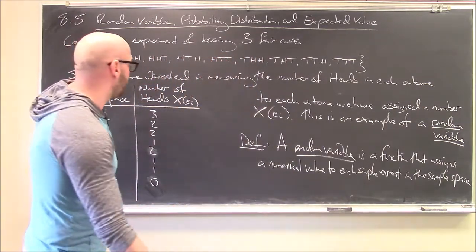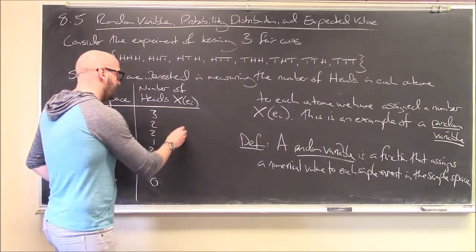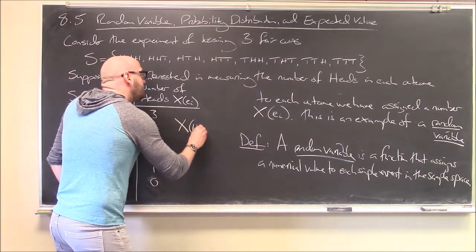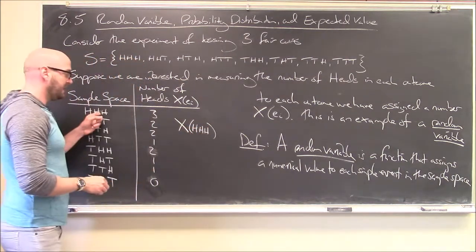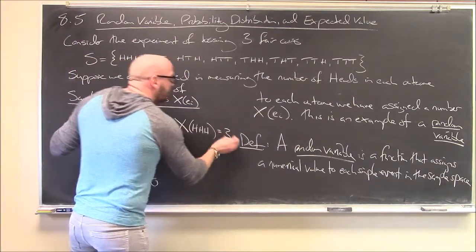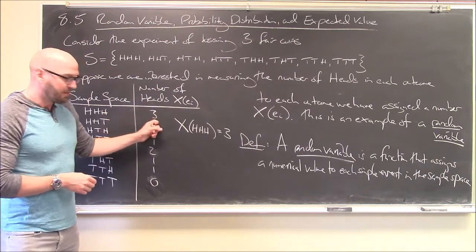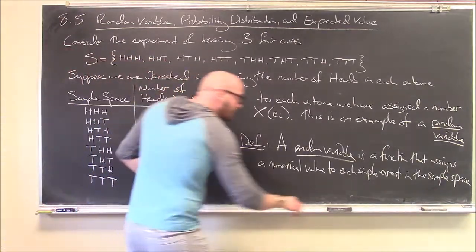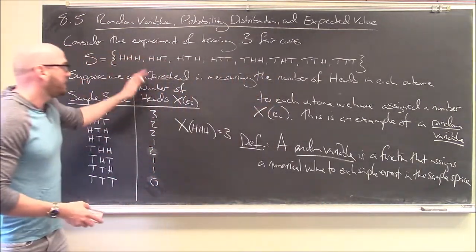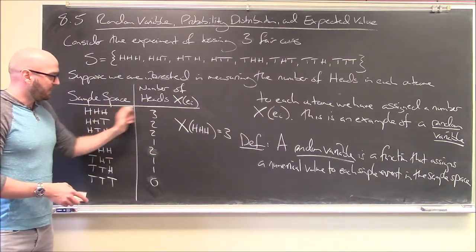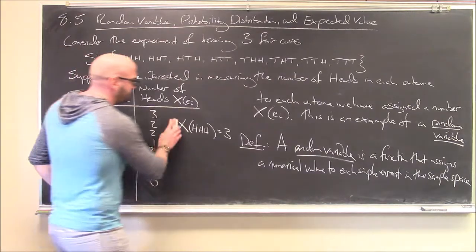So random variables are actual functions. For example, for this random variable, X of HHH, I plug in my event HHH, and I output the number 3. So it assigns to the outcome HHH the number 3. Formally, this is what's happening in the background. It's easy to count the number of heads, but formally I have a function that assigns a value to each outcome.